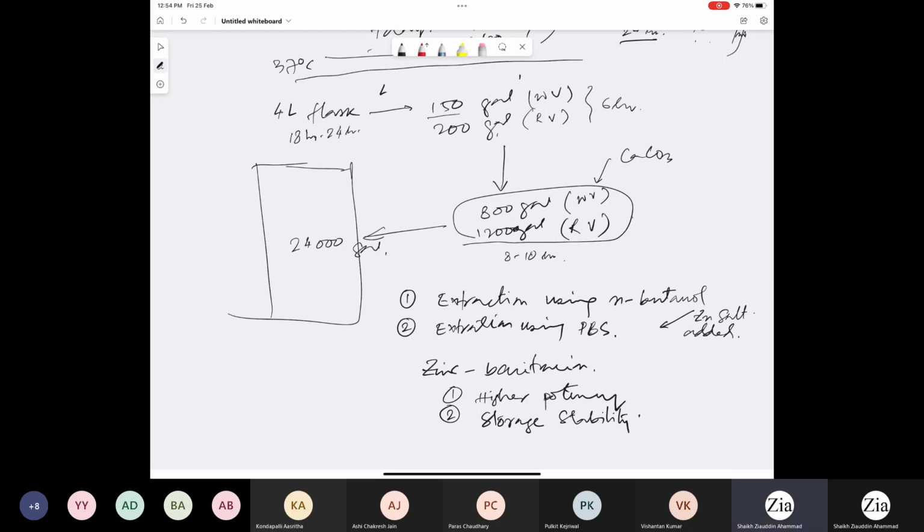After this, you go for vacuum drying for getting the final moisture-free bacitracin, or we can say zinc tagged bacitracin, zinc bacitracin, and that can be used in human clinical settings. So this is all about bacitracin.